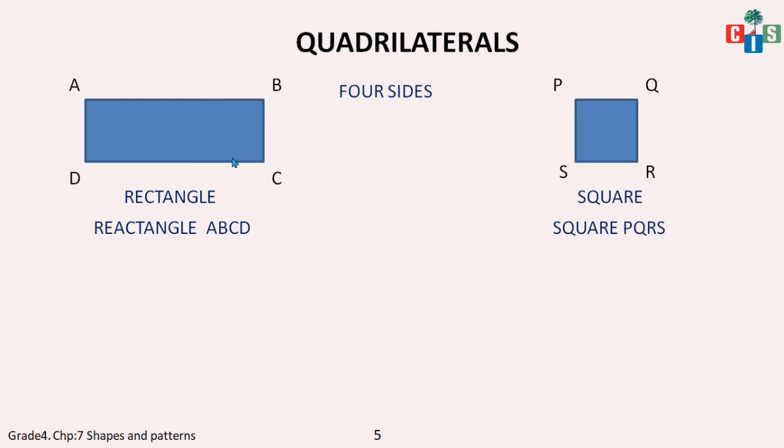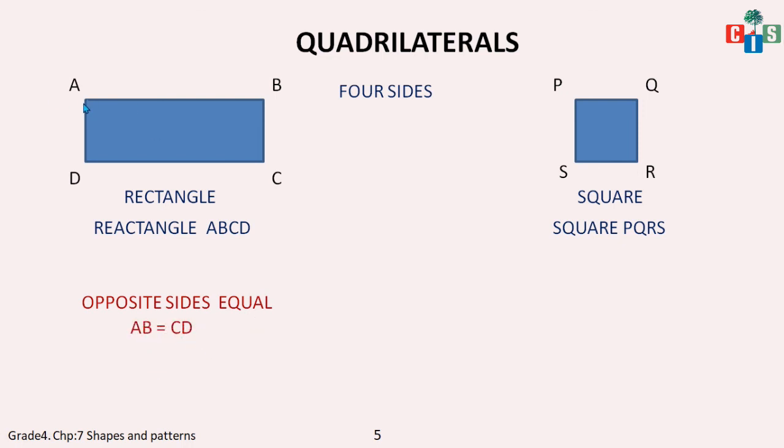Now you know the properties of a rectangle. What are the properties of a rectangle? Yes, the opposite sides will be equal, if you know that. Fine. That is, the length of AB and CD will be equal. So opposite sides will be equal. That is, AB will be equal to CD.